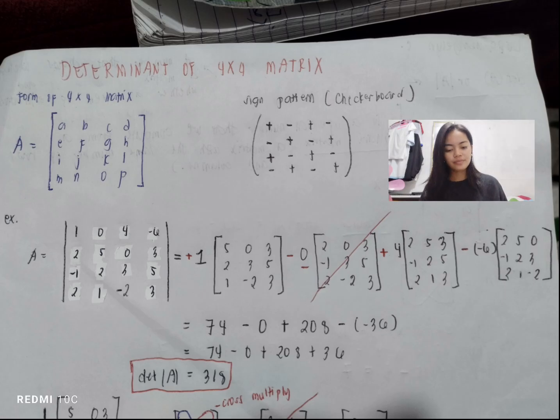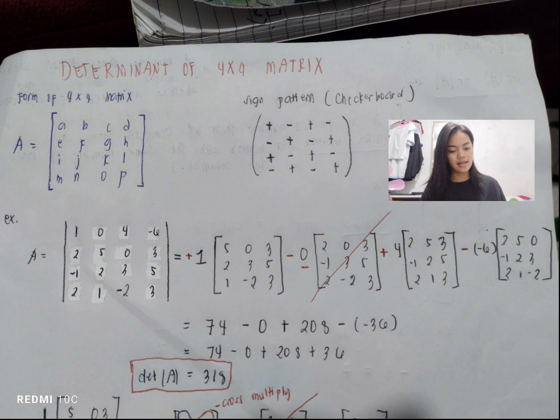That's the first one. And the second one, we have 0. So, we need to eliminate the numbers from row 1 and column 2. In eliminating this, the numbers left are 2, 0, 3; negative 1, 3, 5; and 2, negative 2, 3.